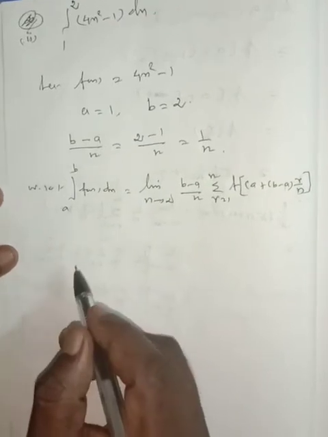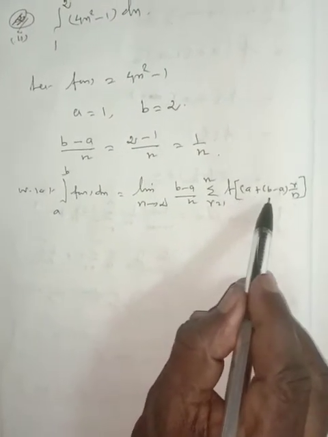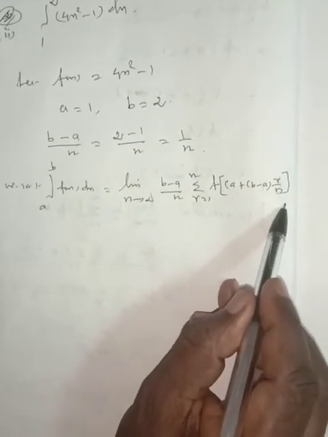First we want to find f of (a plus (b minus a) r by n).